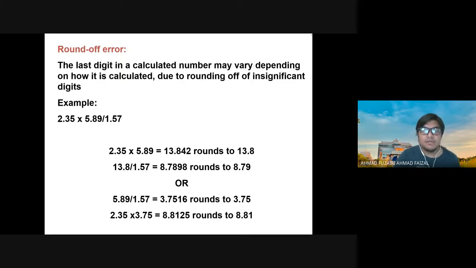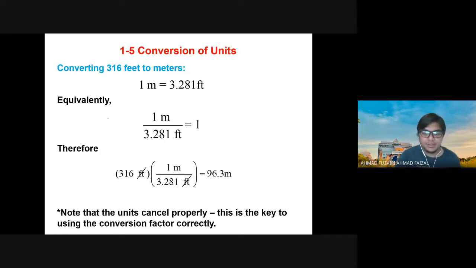This is the kind of round-off error: the last digit in a calculated number may vary depending on how it is calculated, due to rounding off significant digits. Remember, this involves multiplication and division, so it should follow the least significant figures. Another topic is the conversion of units.